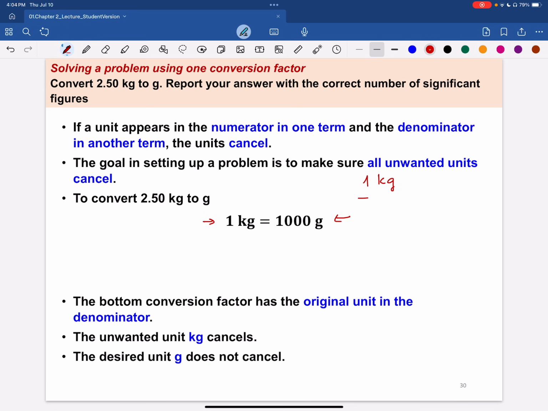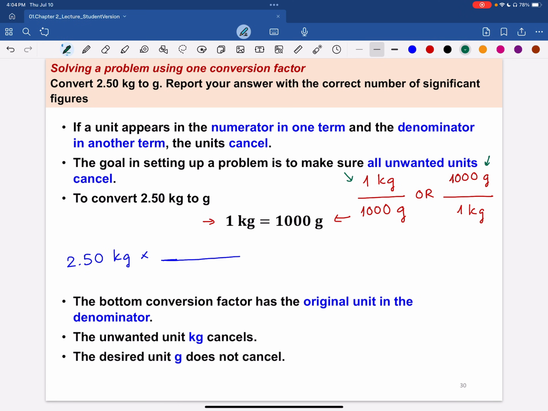You can write 1 kilogram over 1,000 grams or 1,000 grams over 1 kilogram. But which one do we choose? We start with 2.5 kilograms.